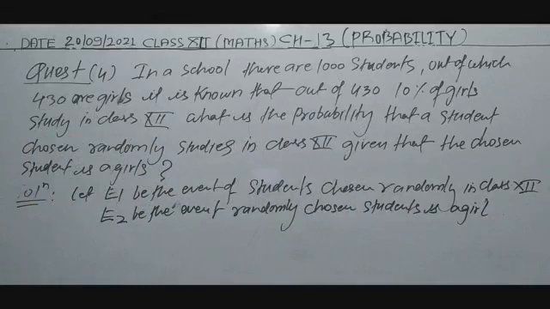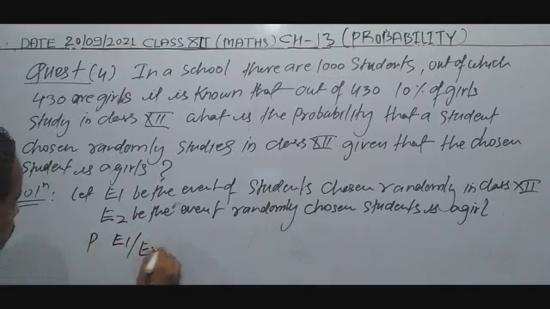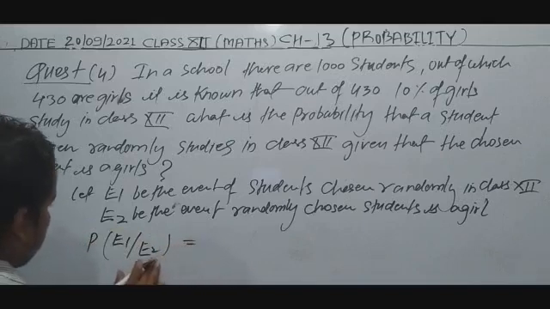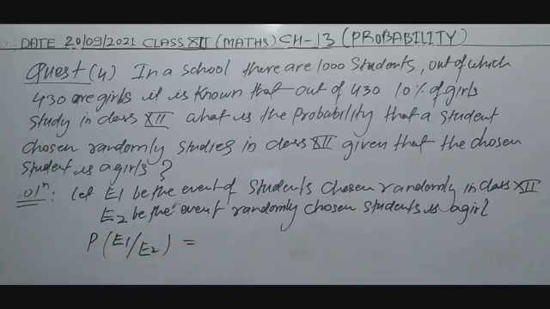Now in this question what we have to find out? We have to find P of E1 given E2, the probability that the student studies in class 12th when E2 has already occurred, the chosen student is a girl.